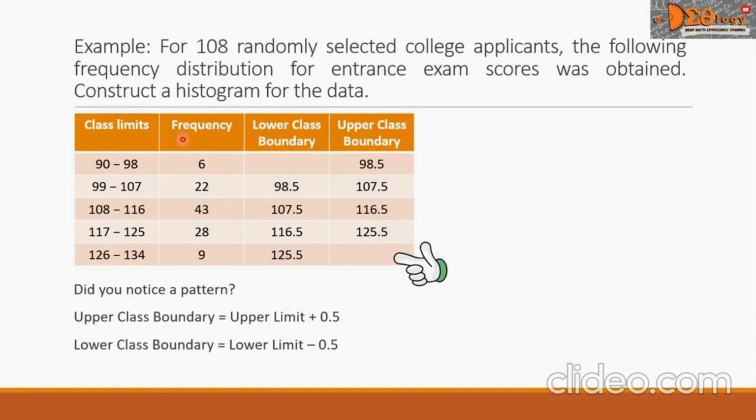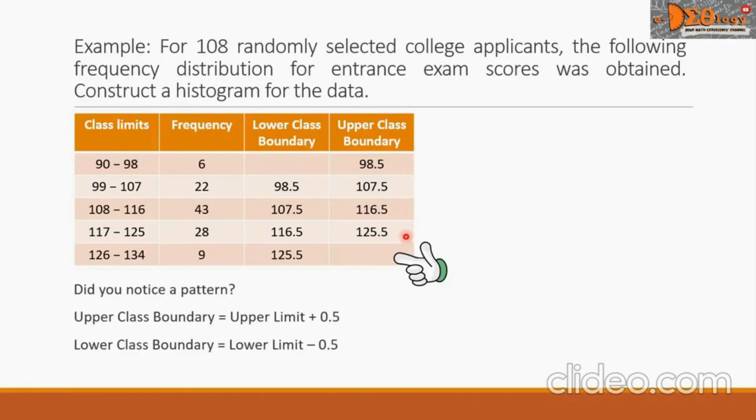We can see that the upper limit is 98 and this is 98.5. It's like the 98 plus 0.5 will give the upper class boundary, which is 98.5. The same is for 107.5, that is 107 plus 0.5, we will get this value. And that is also true for this 116.5 and also for 125.5.